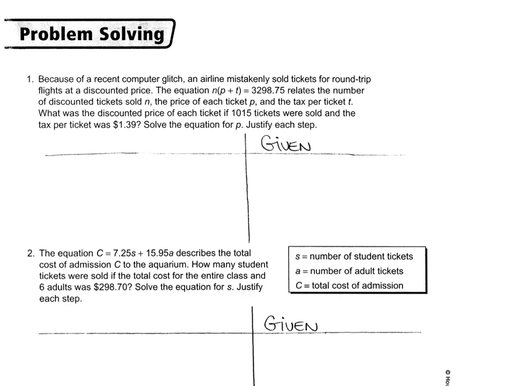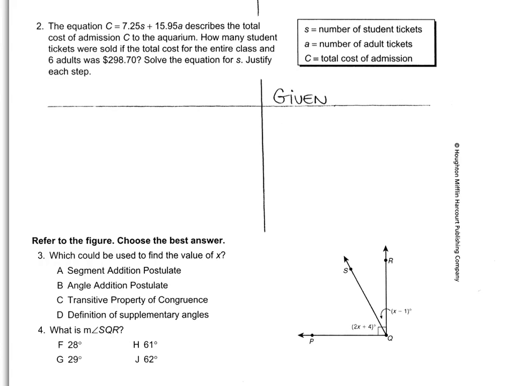Okay, and the last one, I'll go ahead and give you the equation. You normally would have to fill this in on your own, but I'll give it to you. And that's the given. For number 2, I'll give you that one as well.